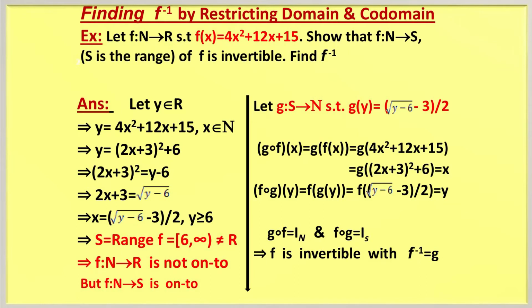So when f is from N to R such that f(x) is equal to 4x square plus 12x plus 15, f is not invertible, but when we restrict the codomain to S, then f is invertible and we are able to find the inverse.